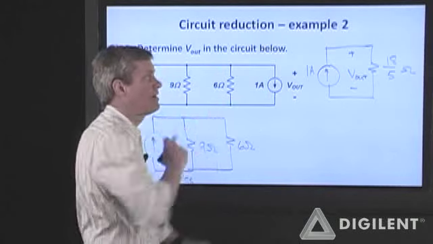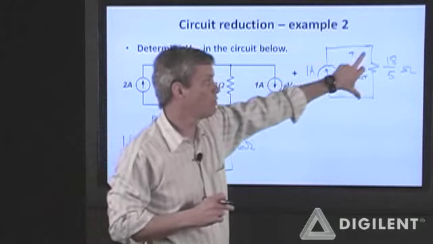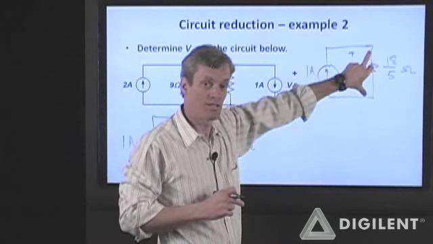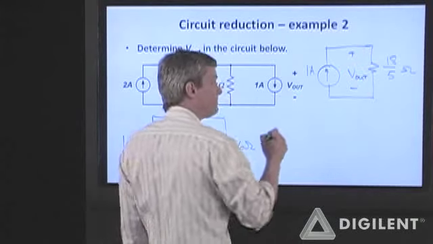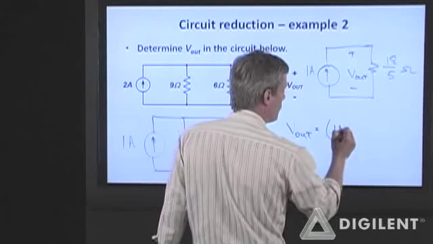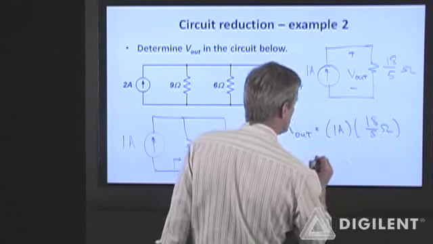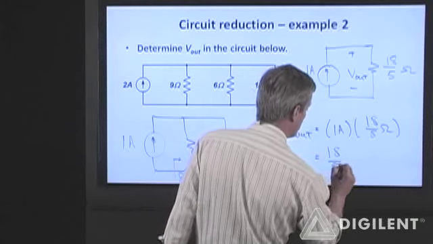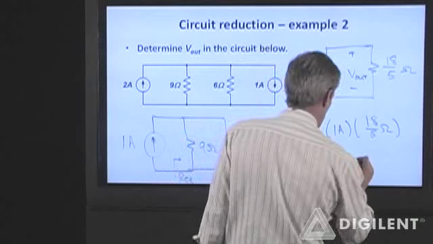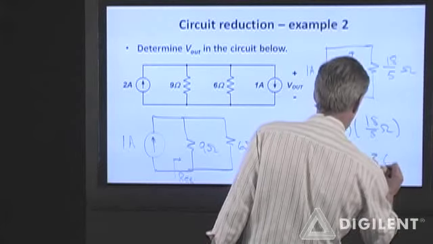Okay, since they're all in parallel, my V out is still the voltage across any one of these elements, or equivalently, the voltage across the parallel combination of them. So V out by Ohm's law is just 1 amp times 18/5 ohms, which is 18/5 volts. And that's 3.6 volts.